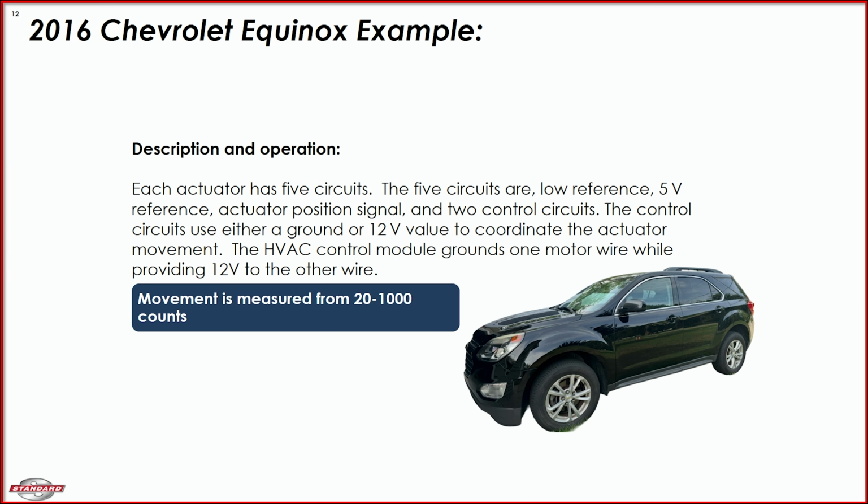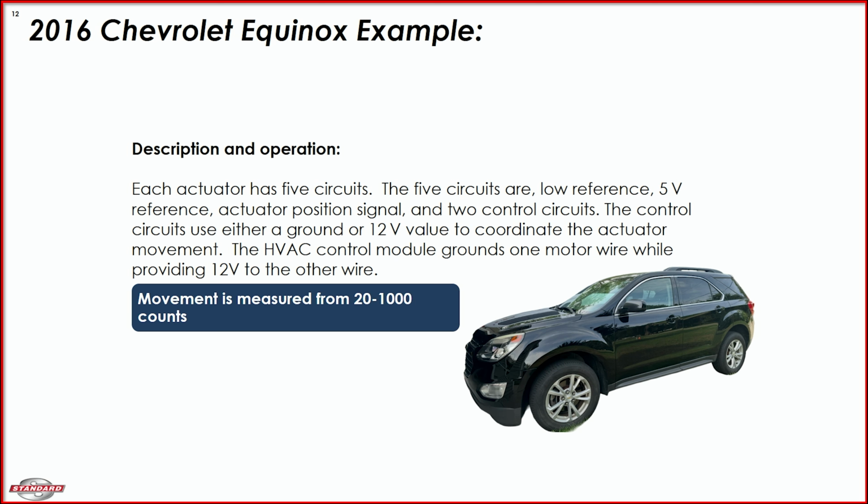With the Yukon from the GMC family, the count range was from 0 to 255. However, the total range of the counts for the Equinox, also from the GMC family, is 0 to 1024, with an operating range between 20 and 1000. Understanding the count range is critical for choosing and installing the correct actuator.